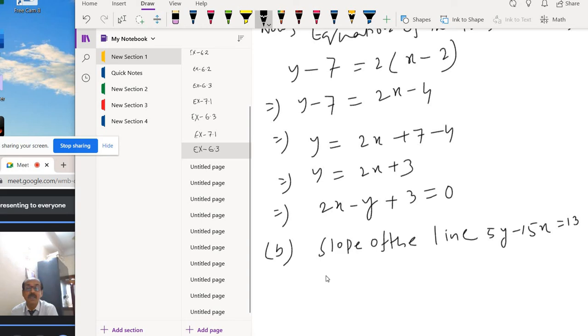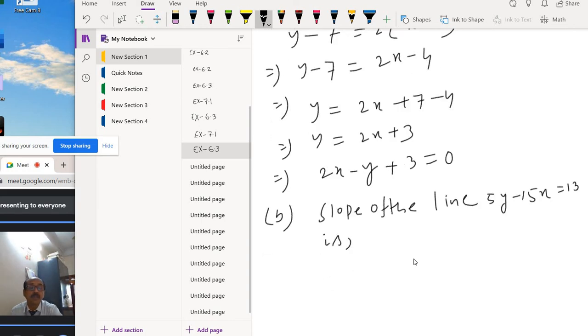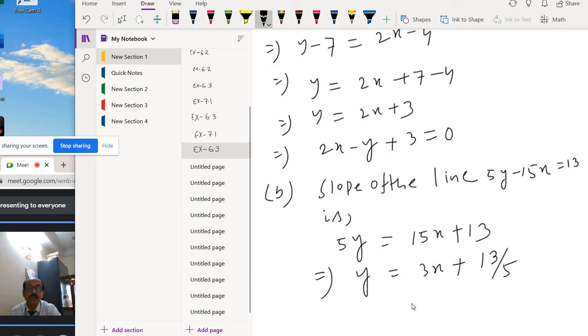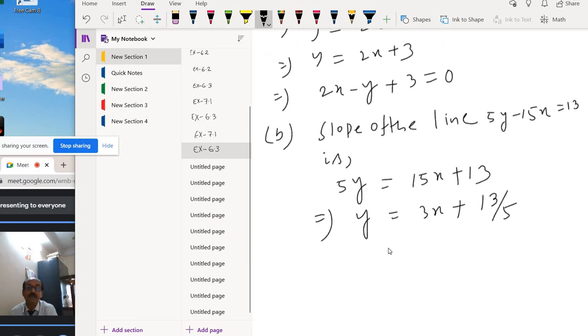So 5y equal to 15x plus 13. Then y equal to 15 by 5, that is 3x plus 13 by 5. Therefore slope equal to 3, because y equal to mx plus c, m is the slope. Okay.